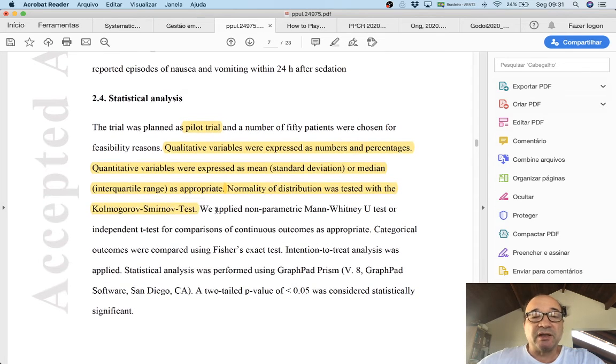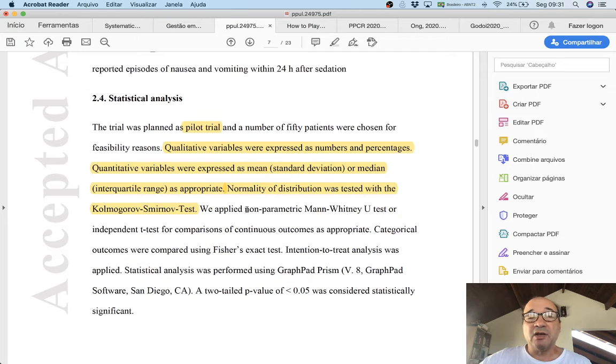It's good to report this. The sample size is not huge, and they did a block randomization. Each block has only 6 subjects, so normality is difficult to achieve here.